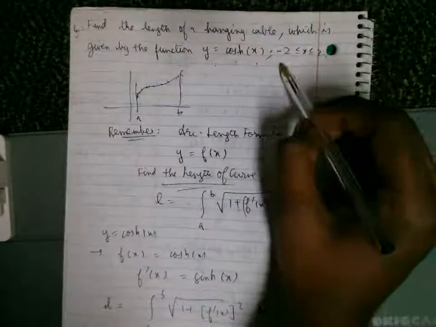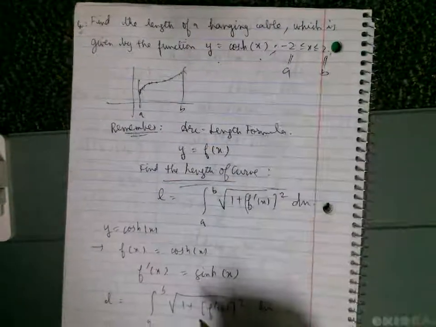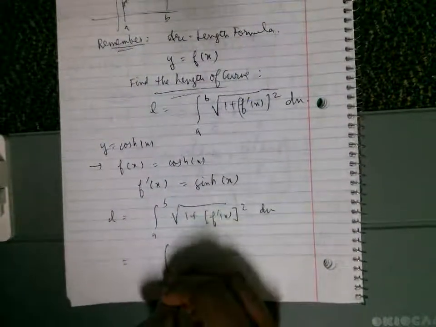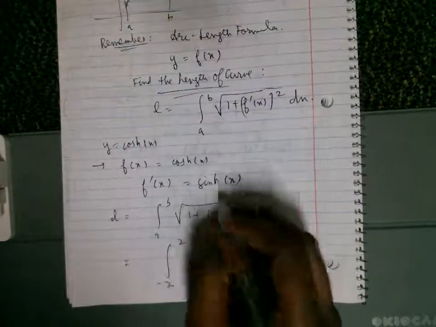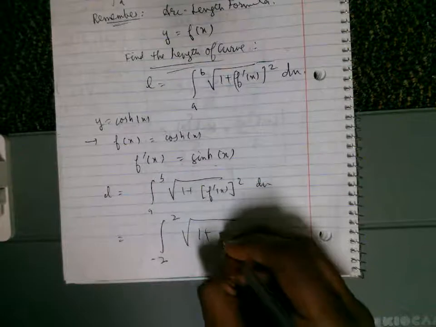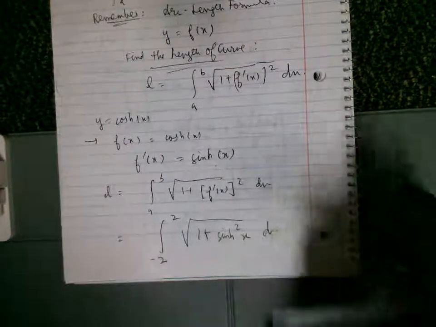Our a and b from the question are minus 2 and 2, because x lies between them. So it is the square root of 1 plus, we know that f prime of x is sinh of x, so this becomes sinh squared x dx.